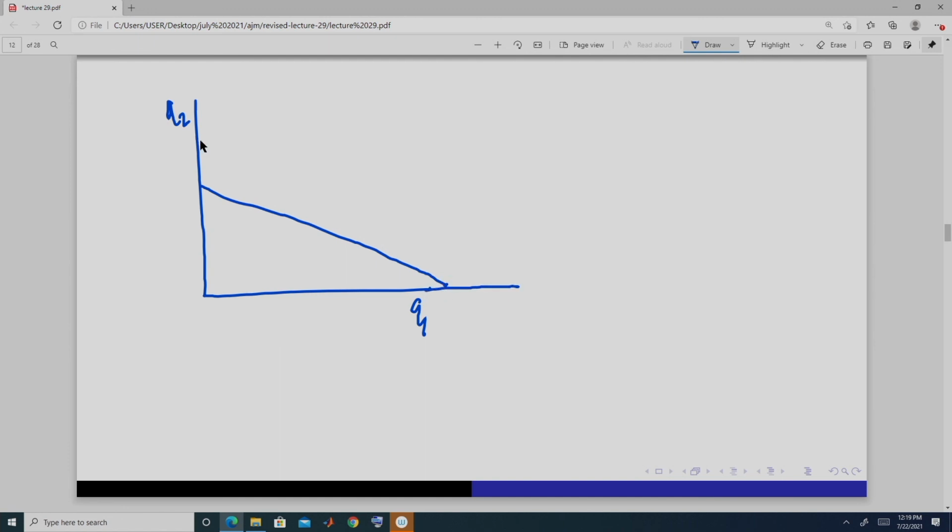So, in this case, case 1, this is suppose the reaction function of farm 2.